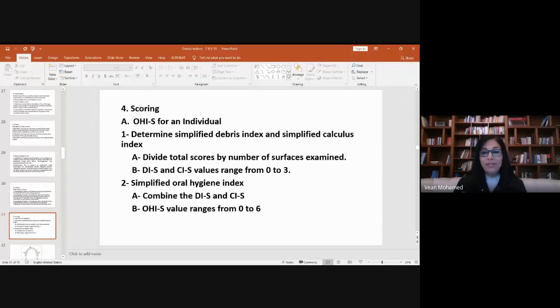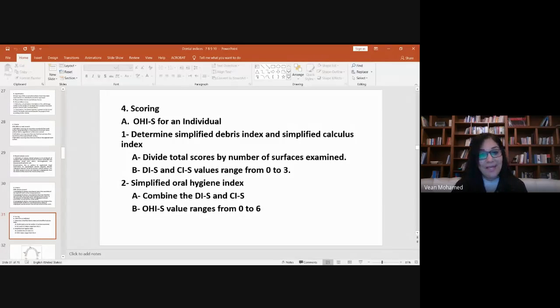First, divide the total scores by the number of surfaces examined. If we examine 6 surfaces per tooth, then we divide by 6. So for each tooth, again, we have one number, and we examine 6 teeth for each person: molar, central, molar, central, molar. These 6 numbers are divided by 6. It's very simple.